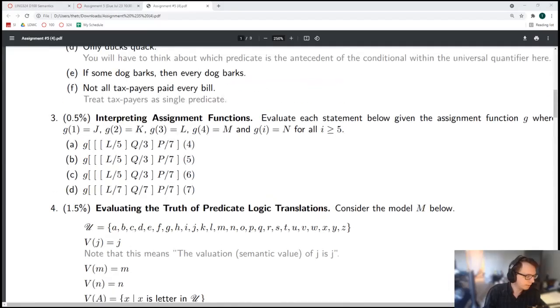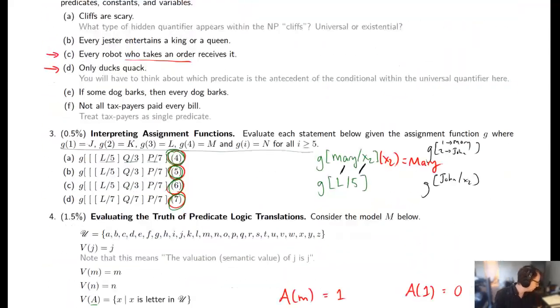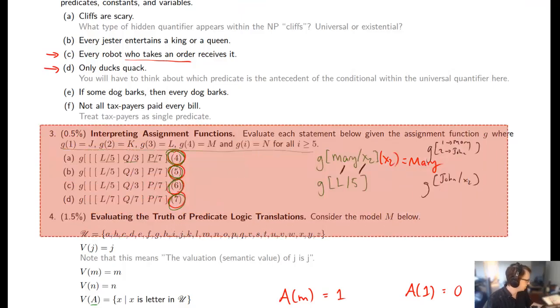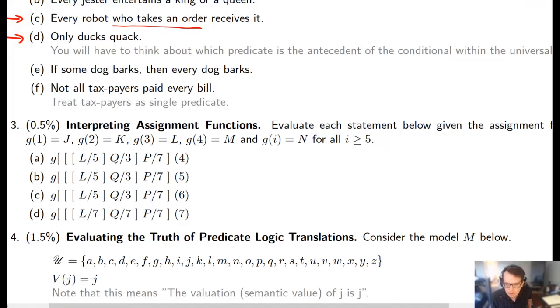Go over 3. Okay, let me actually bring it up on the PDF so I can write on it. So this is just an assignment function replacement, but instead of using names and variables, I have used letters and numbers.